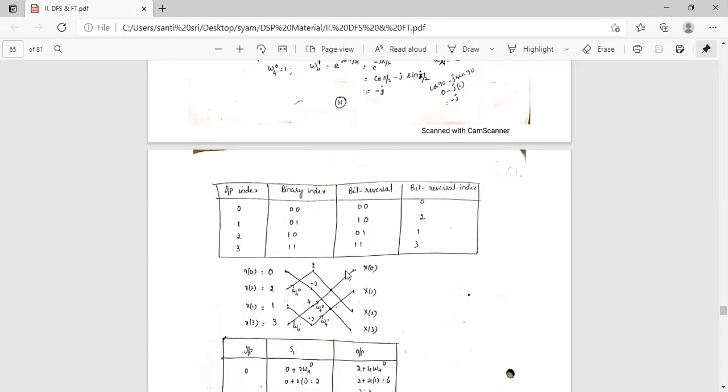So here it is W4^0 and W4^1. W4^1 is minus j, right?